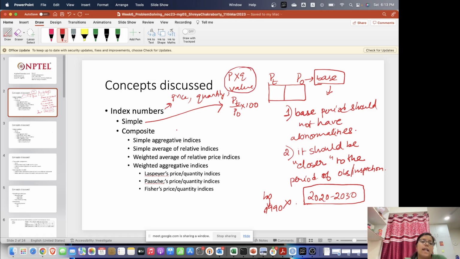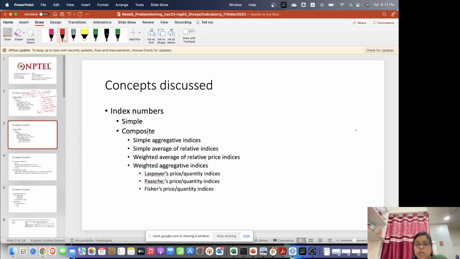Okay, and then we moved on to discuss what was known as composite index numbers, and there we discussed simple aggregative indices, and here we discussed something known as the value index. So what was that?